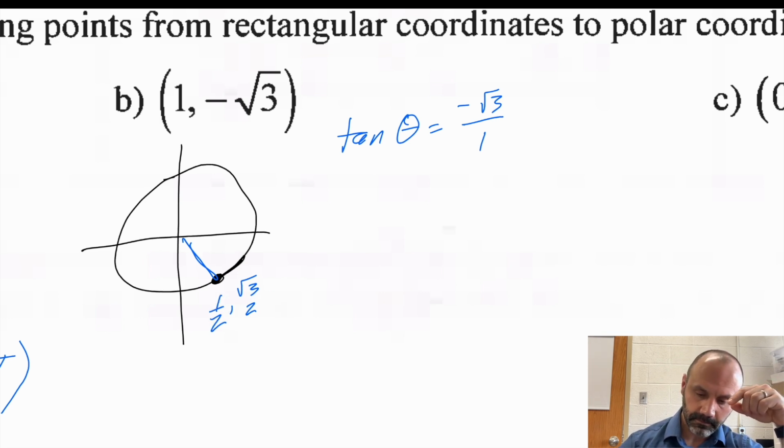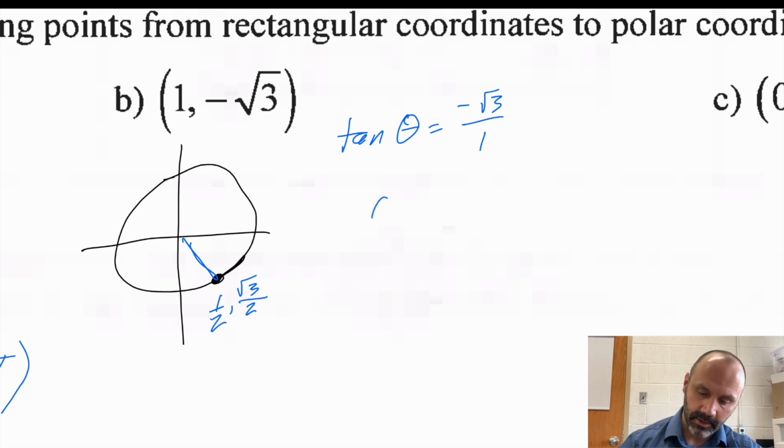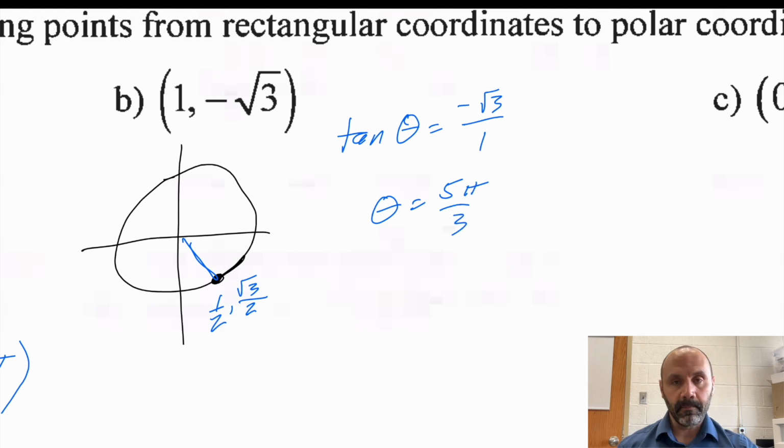Put that back in there. Okay, and so what's this angle? This angle is 5 pi over 3, that's the angle that gets me at that point.